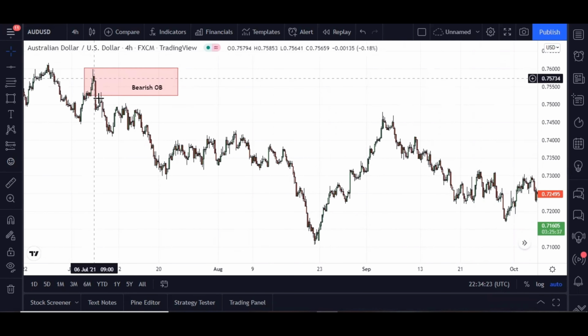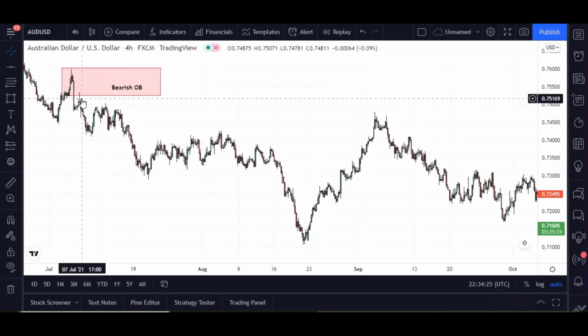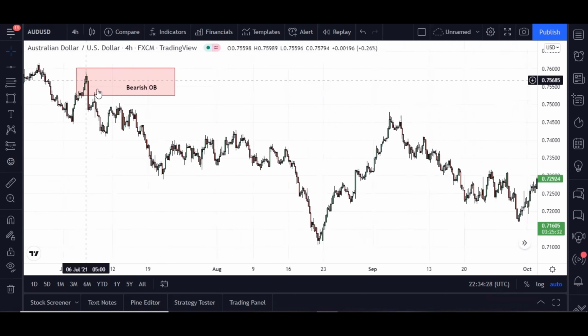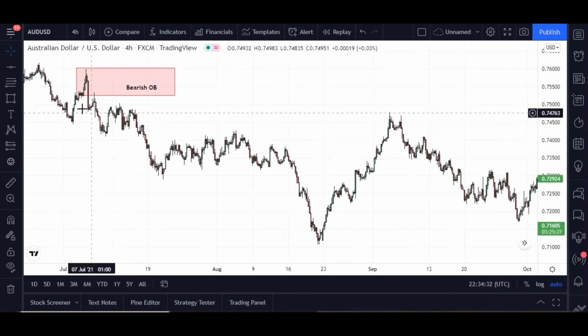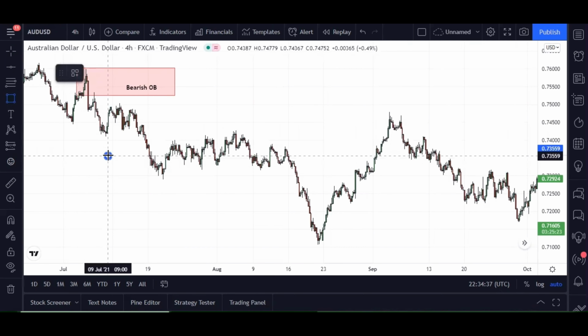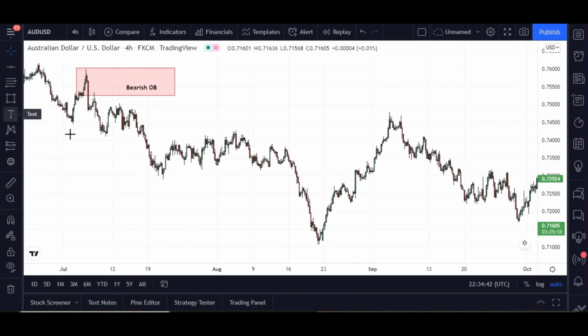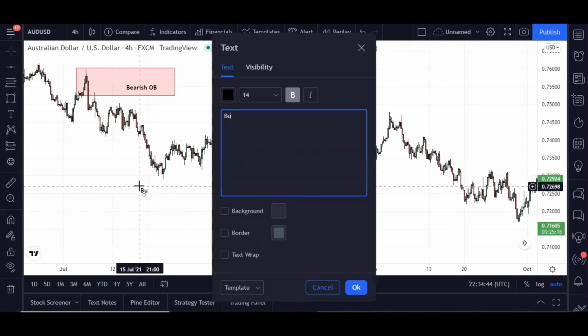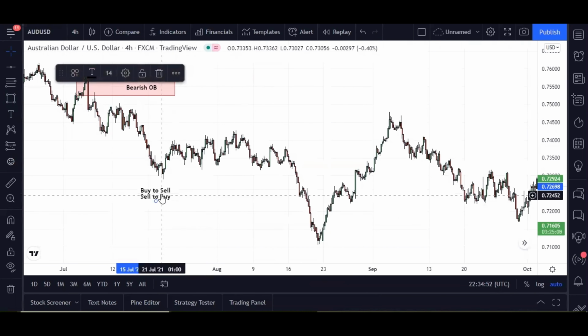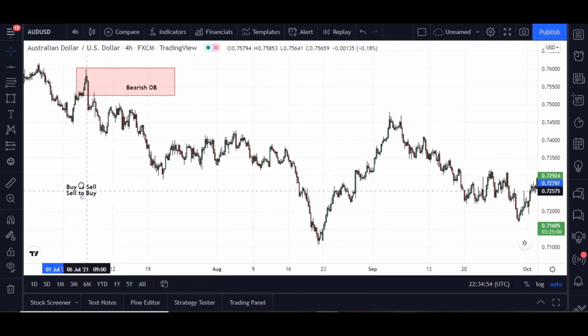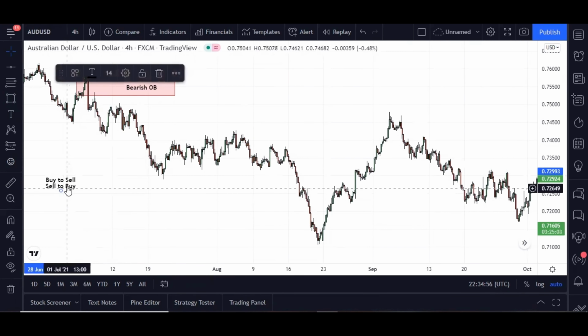So in the liquidity video, I brought up the fact that the central banks and interbank traders do not trade the same as retail concepts and as most of us retail traders trade. The institutions buy to sell and they sell to buy. So what does this mean when we say that they buy to sell and they sell to buy?